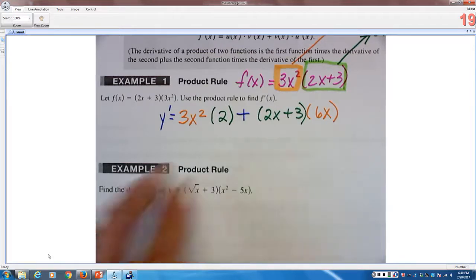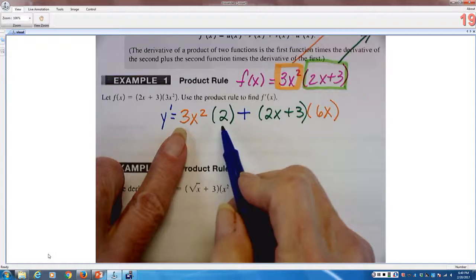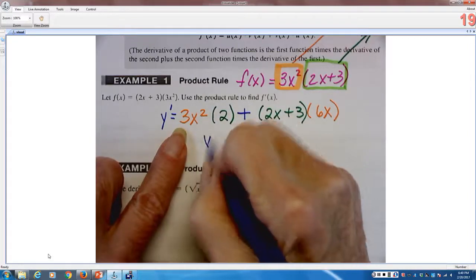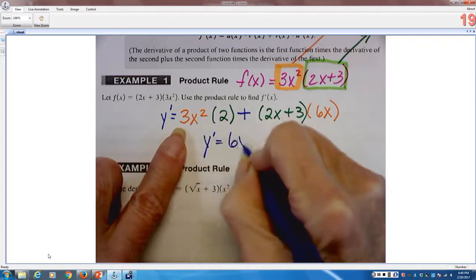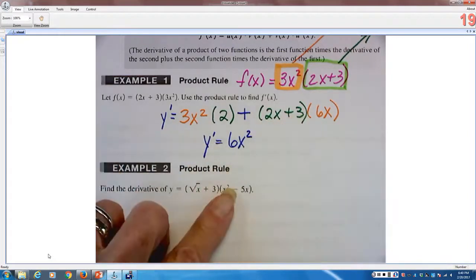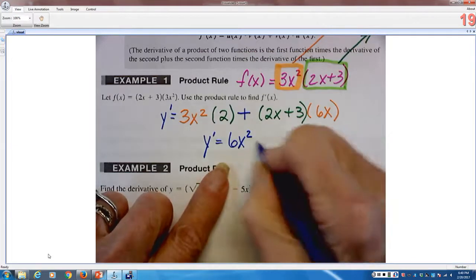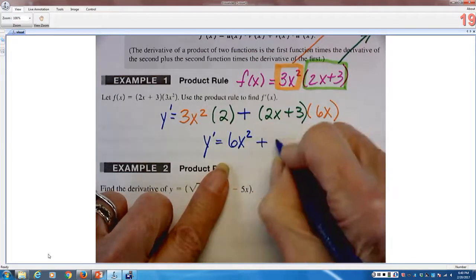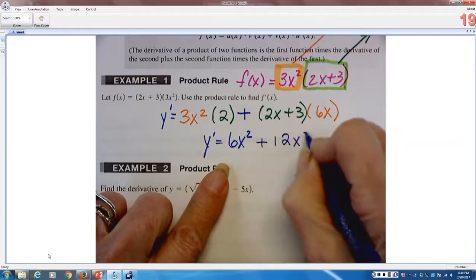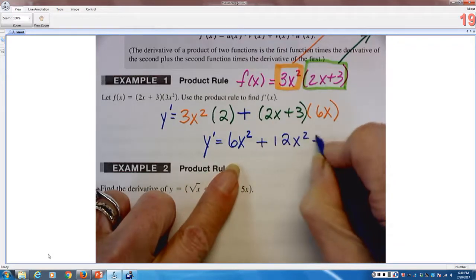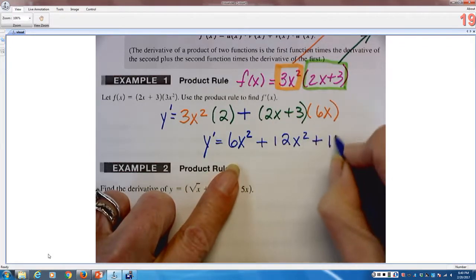And then you simplify by saying, what is 2 times 3x squared? Well, that's 6x squared. And then what is 6x times 2x plus 3? Well, 6x times 2x is 12x squared plus 3 times 6x is 18x.